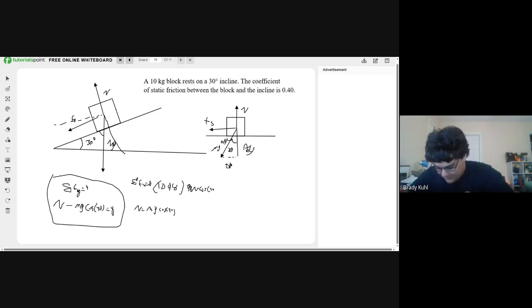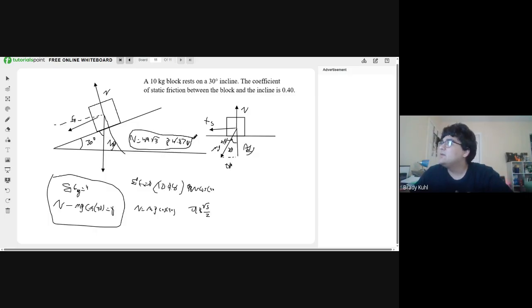Cosine of 30 is not half. You get 98 times square root of 3 over 2. The normal force would be 49 square root of 3, or 84.87 newtons. We determined the normal force.